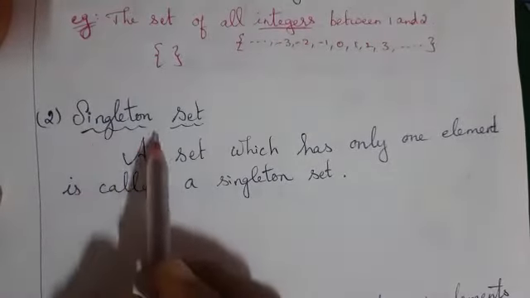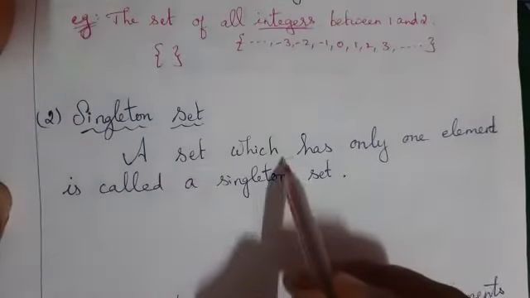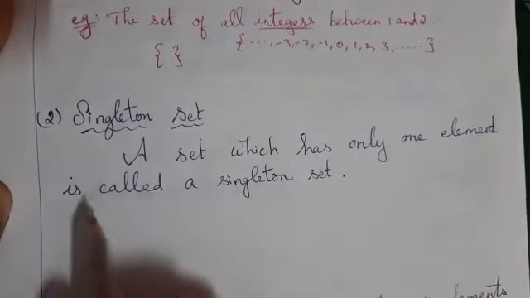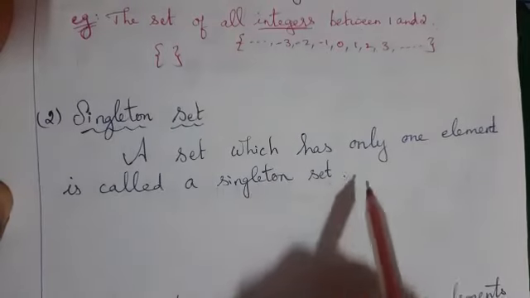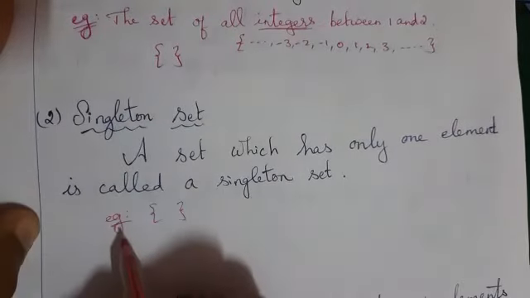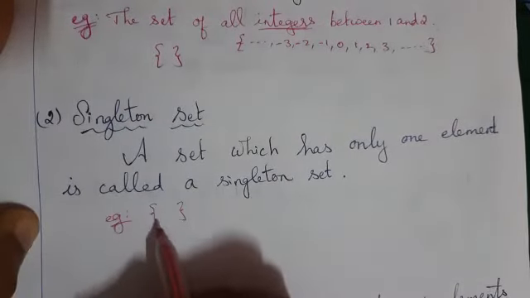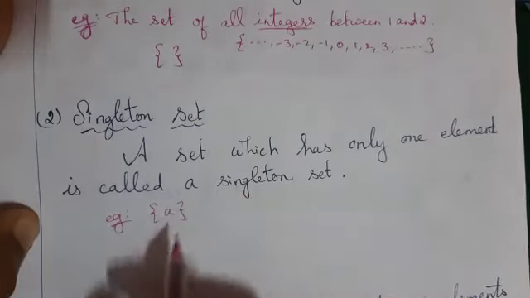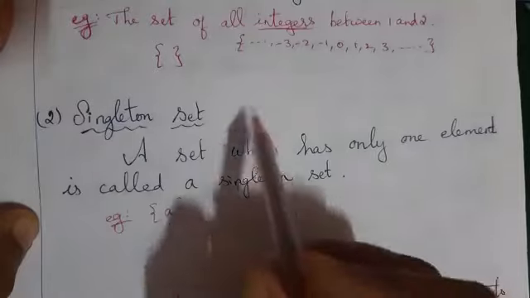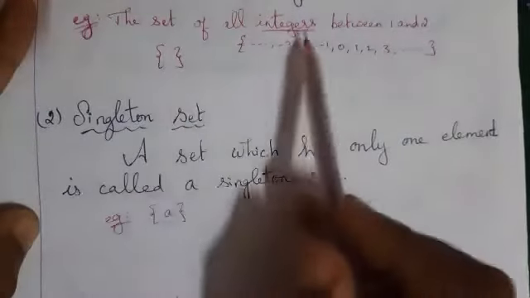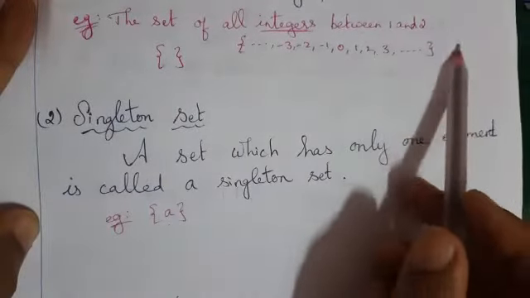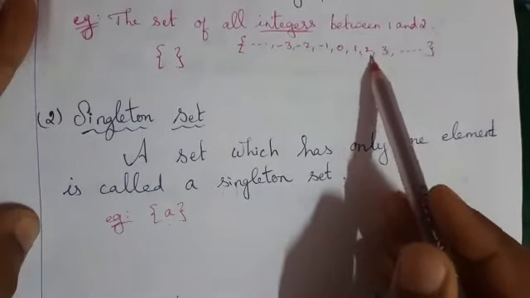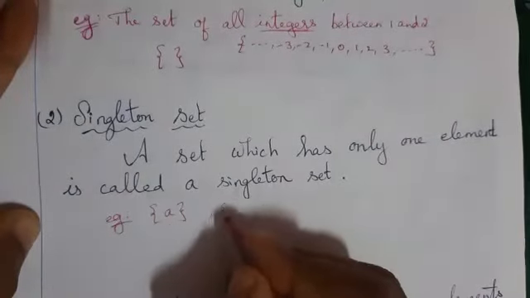Now about singleton set. A set which has only one element is called a singleton set. Okay. Take an example. Inside the set only one element. That is, if you take A, here only one element. The set of all integers between 1 and 3 means you have only 2. Therefore, inside the set is 2.